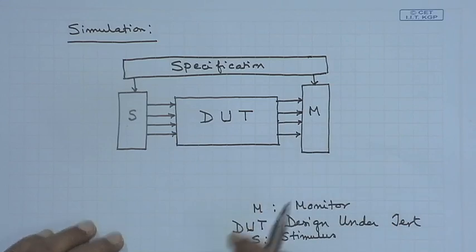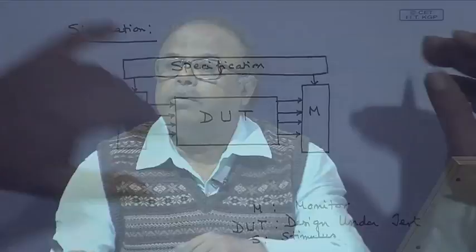The thing is like this: I take the entire design, and before I float the design, before I make it available in the market, I run it in my lab with all possible inputs and see whether for all possible inputs it gives the correct output or not. Now, in a simulated version, I am not actually making the thing in hardware and encapsulating it, making a box. Before that, I am making a software model of the whole thing and running it in a simulated environment.